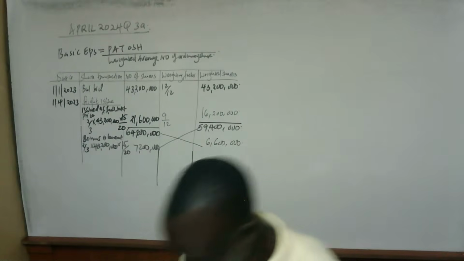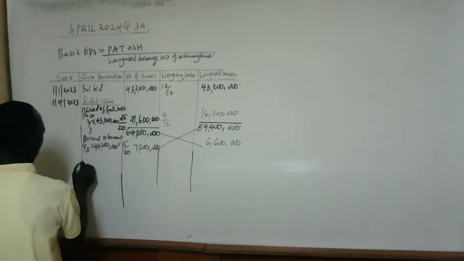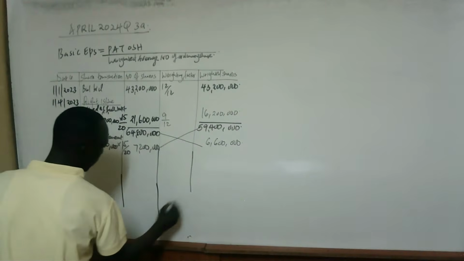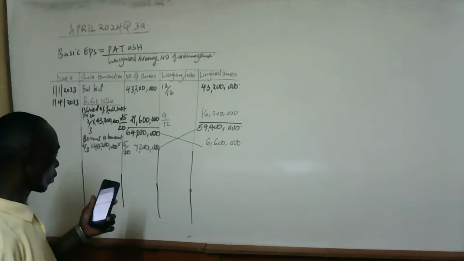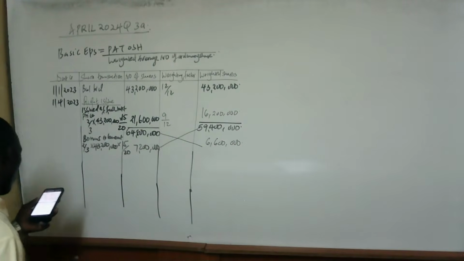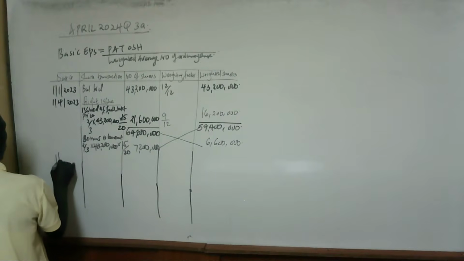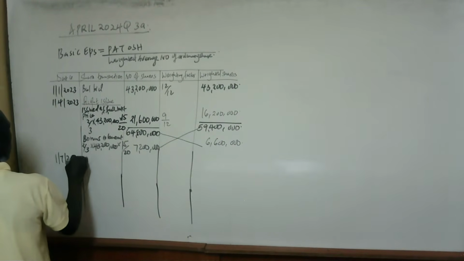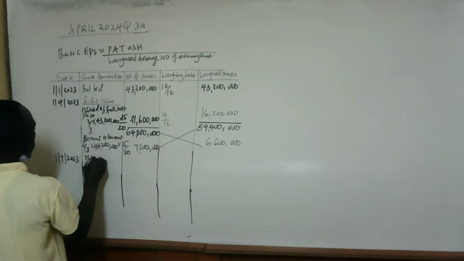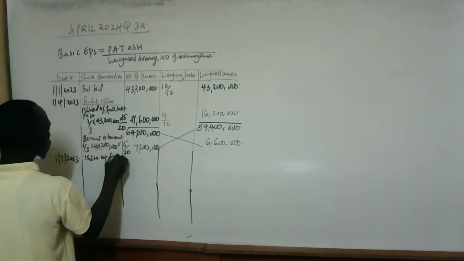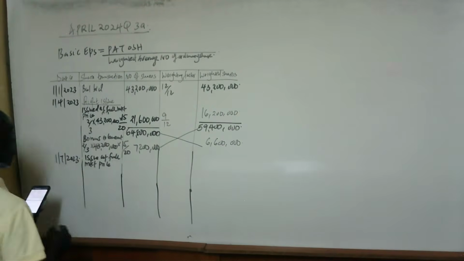So once we have done that, now we can go to information number 2. Number 2 was talking about 1st July 2023. On 1st July, there was an issue at full market price.